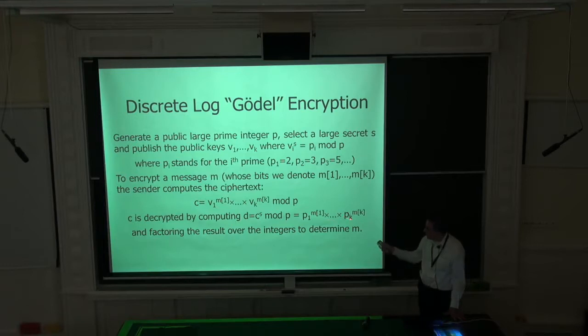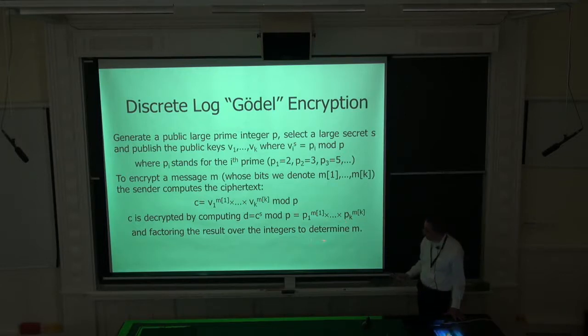Now, if the product of all the primes is smaller than P, which is a parameter that I can set, basically I multiply all the K primes that I take, and I take P as being the prime immediately bigger than the product, then this decryption works. And then I can retrieve, by actually factoring this, the different prime numbers that I have here. And this gives me actually the plain text.